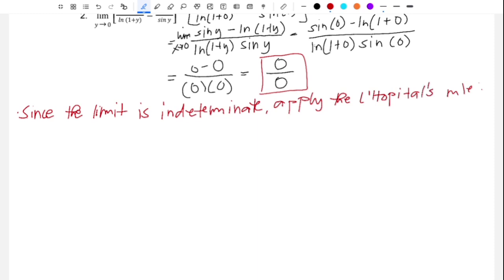L'Hopital's rule. And from here, like we did earlier, let us derive our numerator and our denominator. Now let us copy our limit. The limit is y, not x.